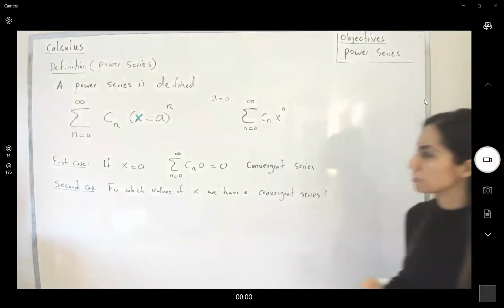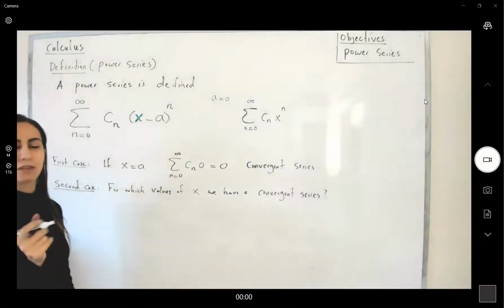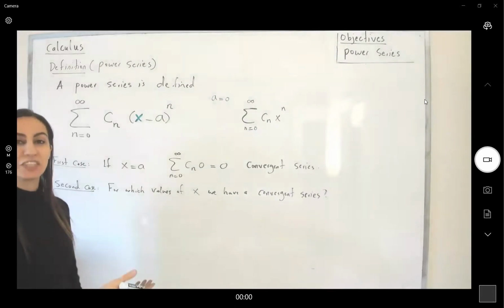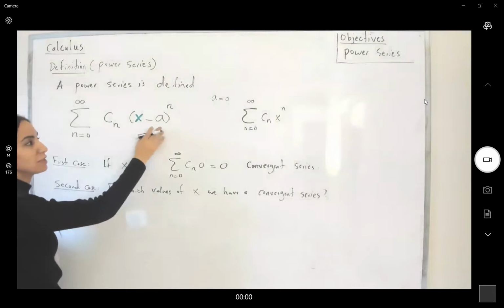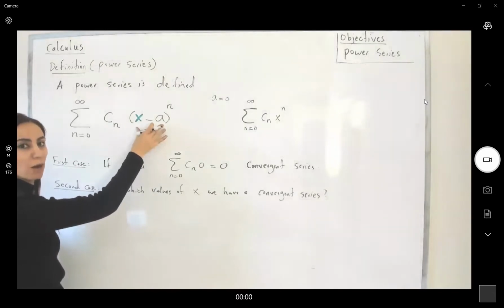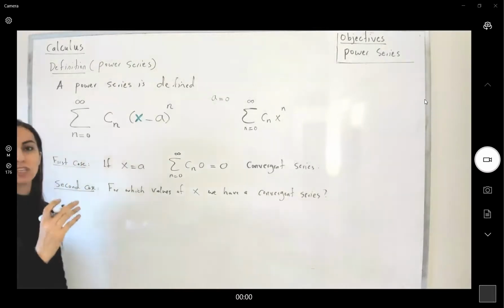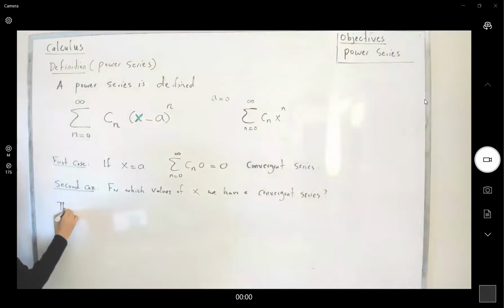And finally, how can we find a number r, which we call the radius of convergence, that we can use to bound the distance between x and a and decide about convergence and divergence of power series? This is our third case.